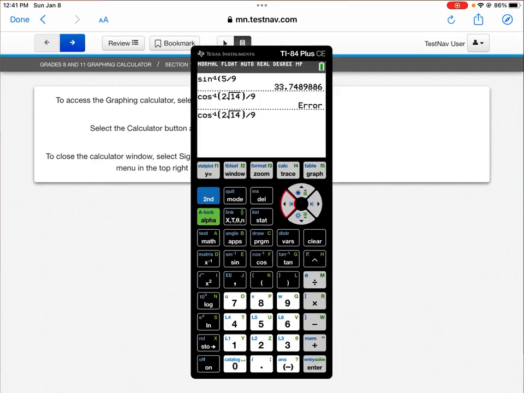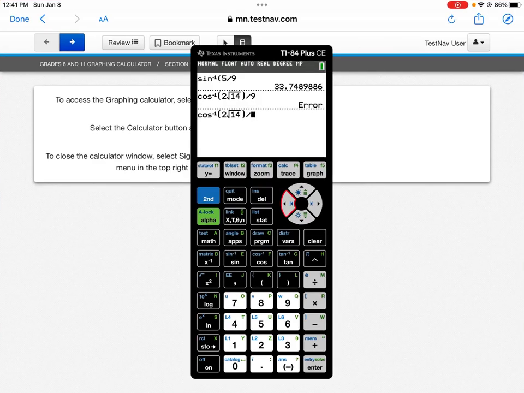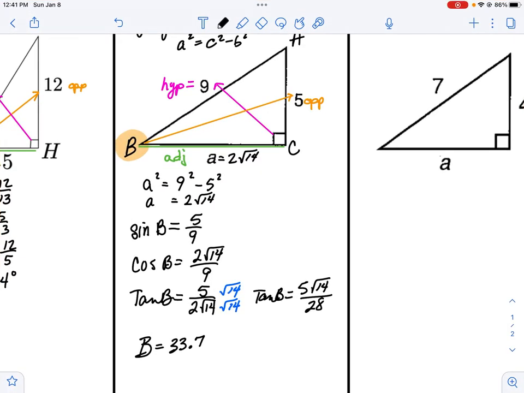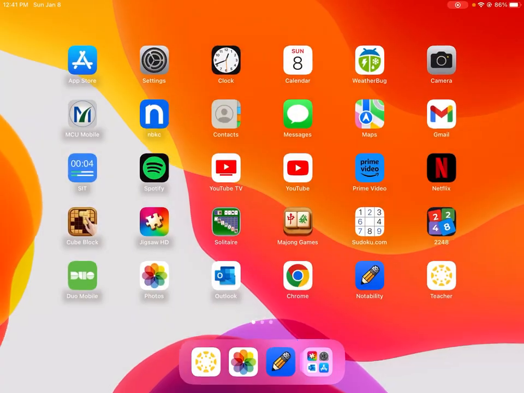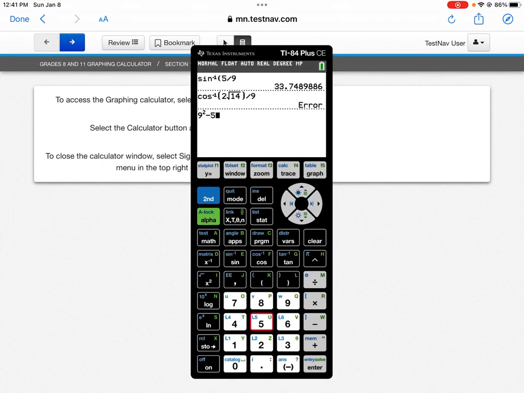Let's see what's wrong with my work. Okay, so 9 squared minus 5 squared is 56.